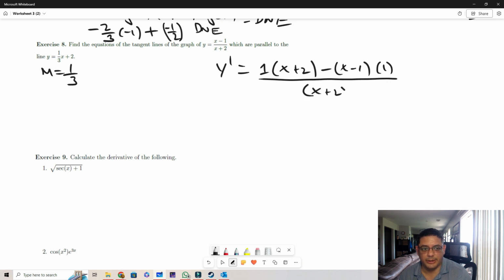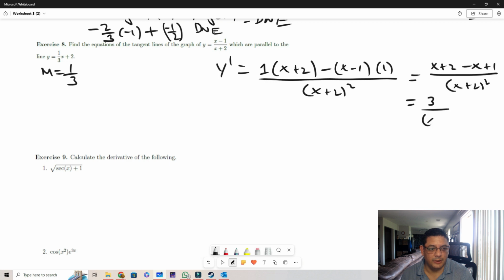over x plus 2 squared. And so this is x plus 2 minus x plus 1 over x plus 2 squared, and then this is 3 over x plus 2 squared. This is what the derivative is going to be. Now, this is going to be the slope at some point, I'm going to call this m2. So that means that 1/3 has to equal 3 over x plus 2 squared.